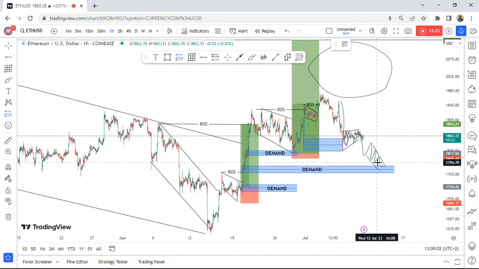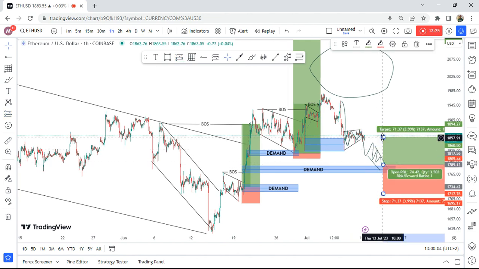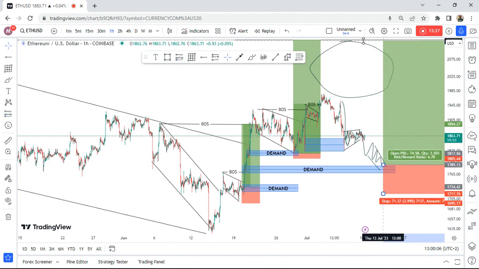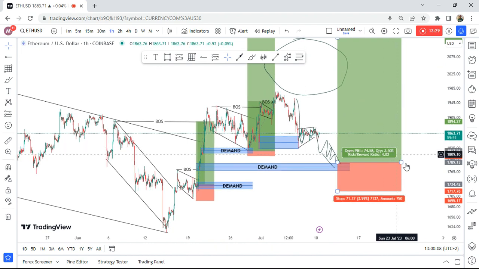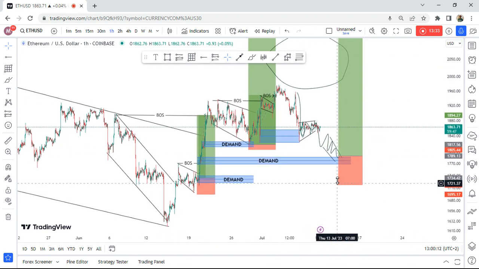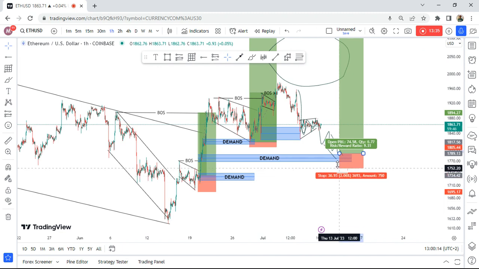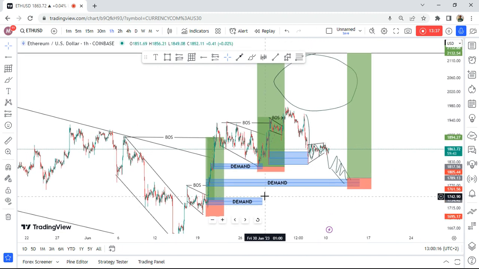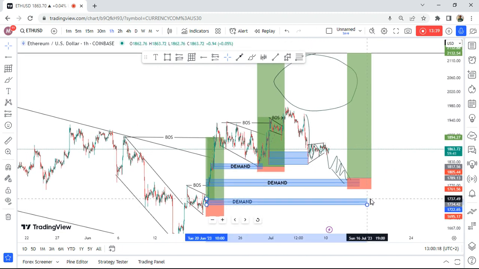My entry is gonna be in this order block and target the 90% rule that is above them. So it's just gonna be straightforward. Ethereum versus US dollar, straightforward. Or if such thing doesn't happen on that order block, I still have another order block in this area.